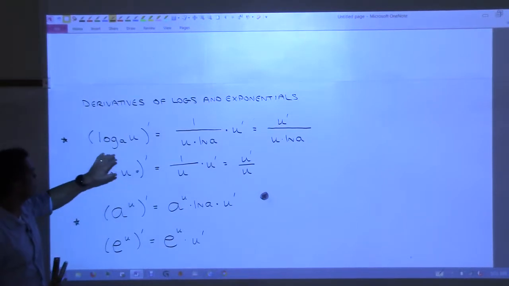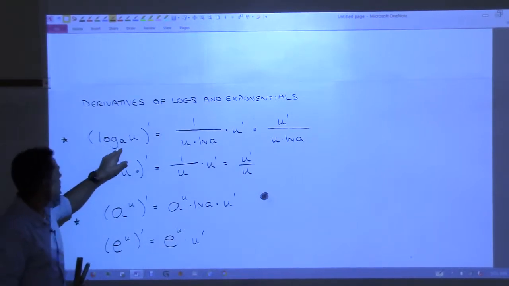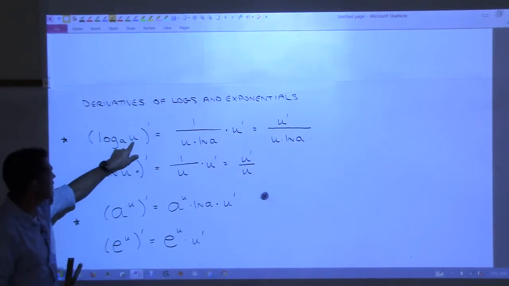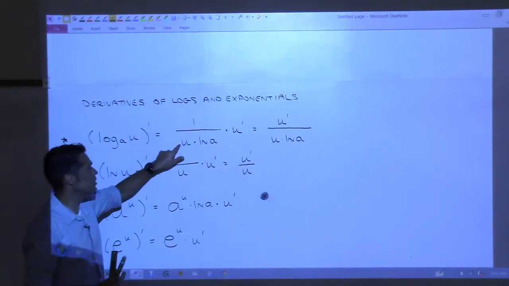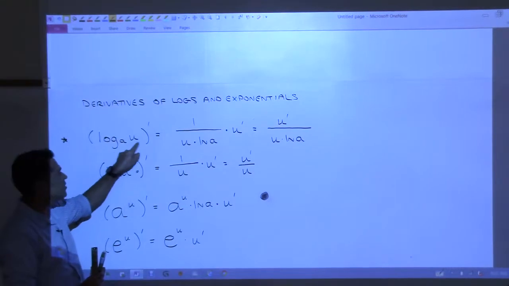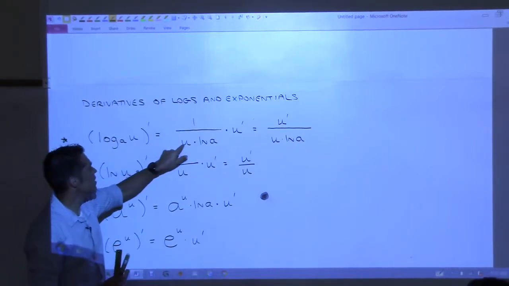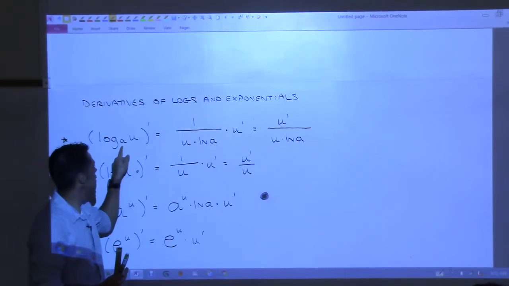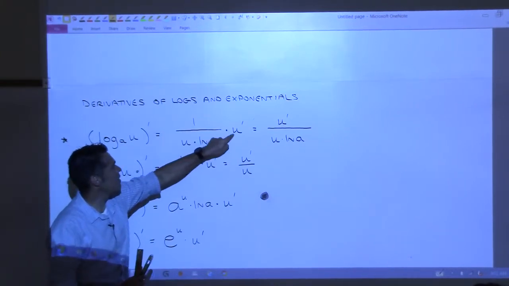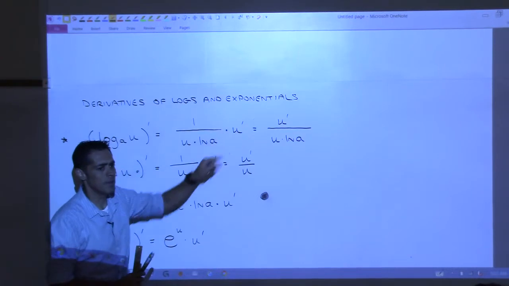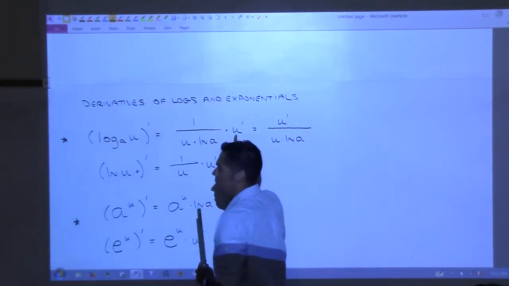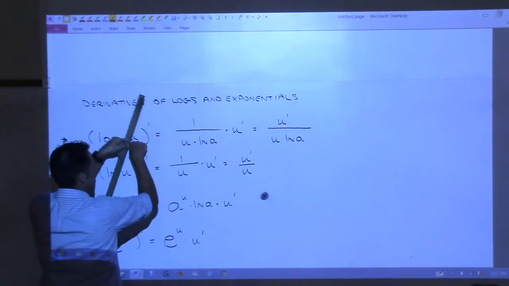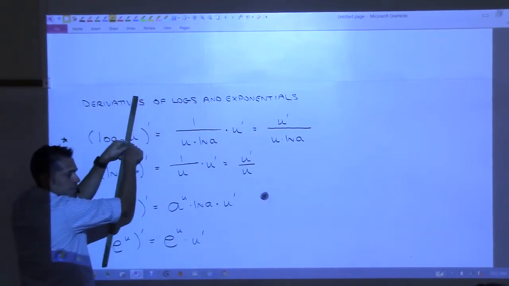If you want to take the derivative of log base a of u, the answer is 1 over u, so you just rewrite whatever's in here down here. Then you multiply by natural log of a, where a is the base of the logarithmic function, and then you multiply that times the derivative of u, the u prime. That's the chain rule: going from the outside in and taking the derivative of what's inside.